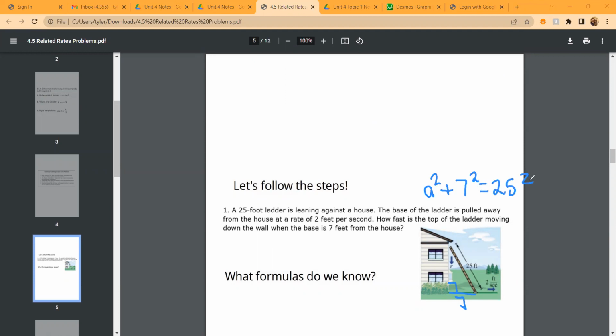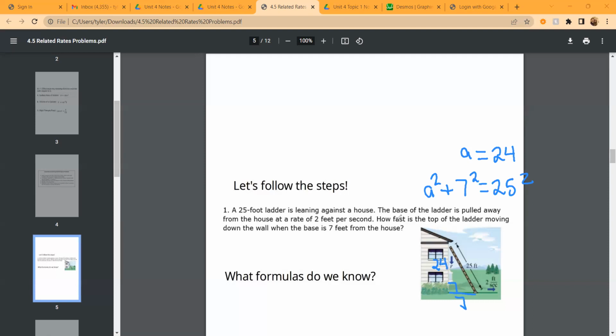And I believe this is a Pythagorean triple, but I could be wrong. I think this is just 24 squared. Yeah, a is 24. If you do the math there, you're going to get a is 24. And so this is very helpful because now I know exactly what's going on with all my dimensions.